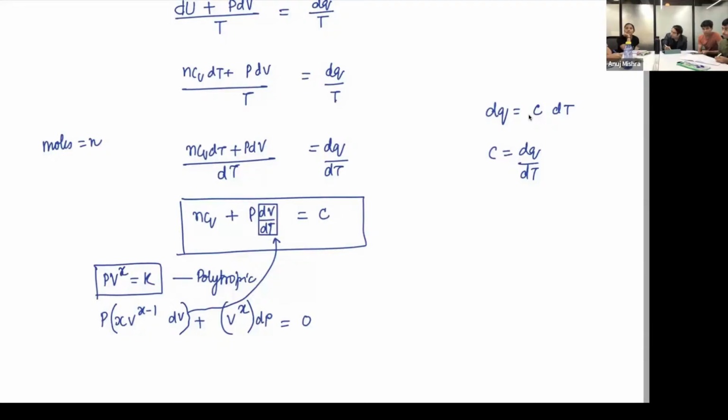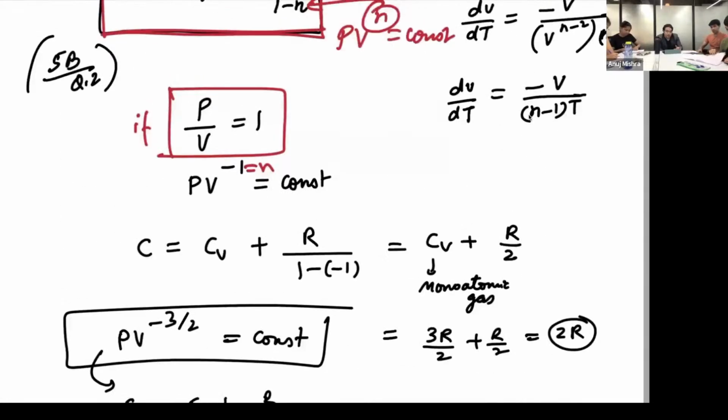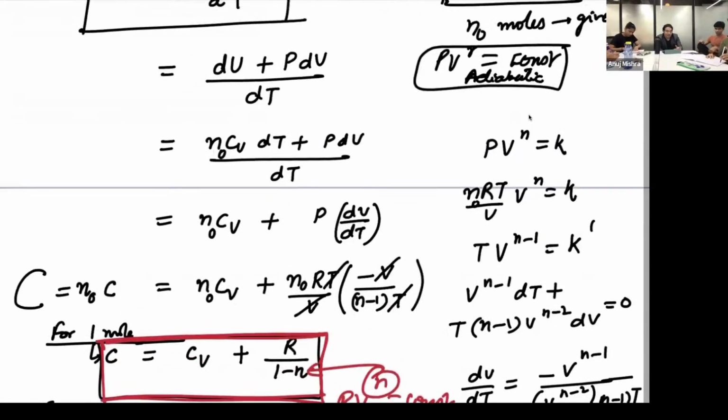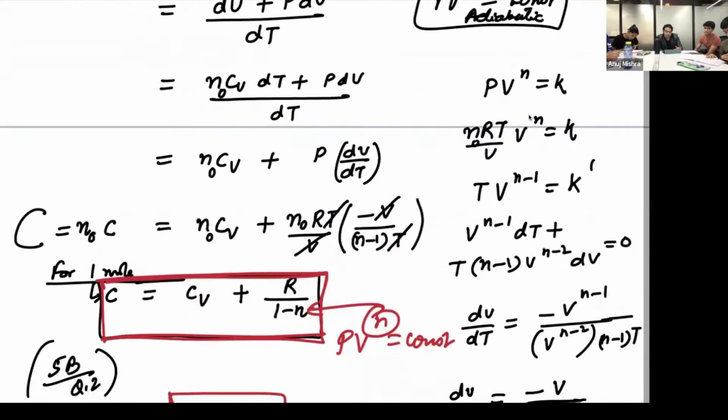Somehow I should get dV over dt. I'm trying to get dV over dt from this result. So try to get and try to put it there and tell me the final value of C. How much is the final value of C? Is that clear? If you solve C, it should come out as Cv plus R upon 1 minus x in this case. Try it.